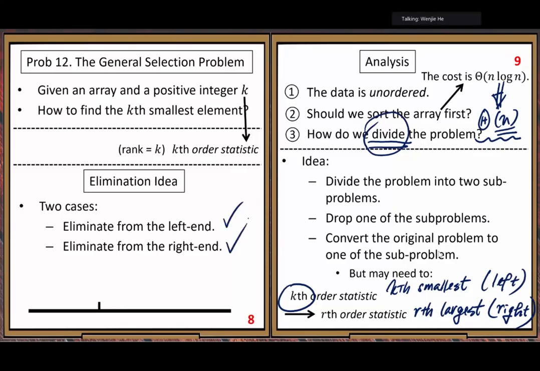Here I want to talk about this question in the general situation. In this general situation of divide and conquer, we need to consider under what situation we may get bad algorithms.